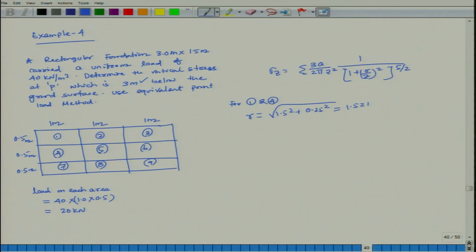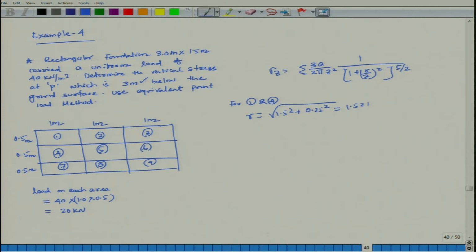If you look at how we get r, r is the radial distance, which is 1.5 plus 0.25.